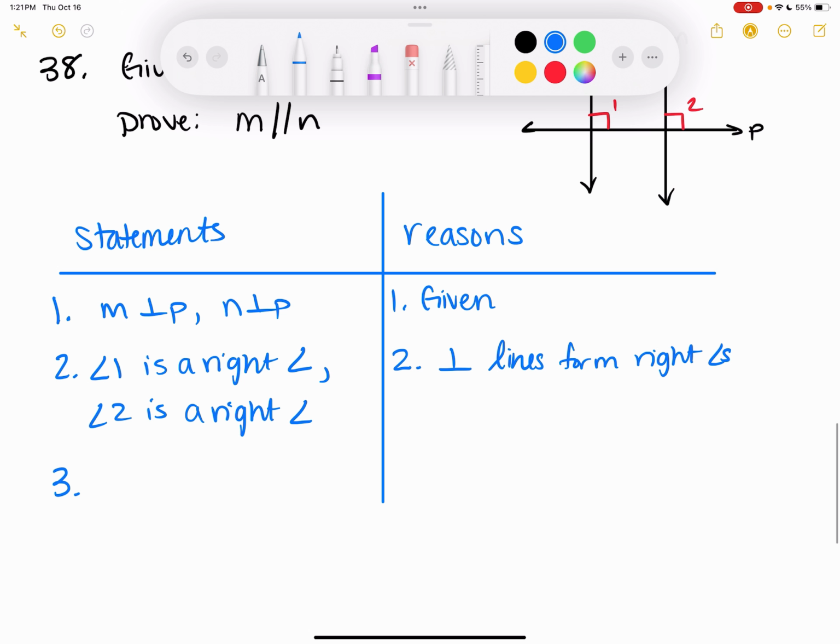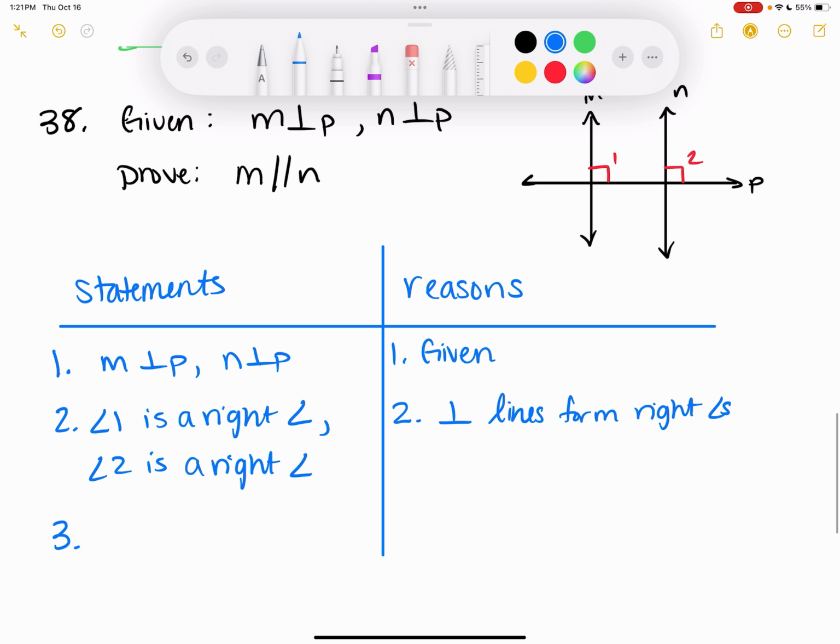So what else must be true if we know that these are both right angles? They're congruent to each other. Yep. Angle 1 is congruent to angle 2. It's because right angles are congruent.